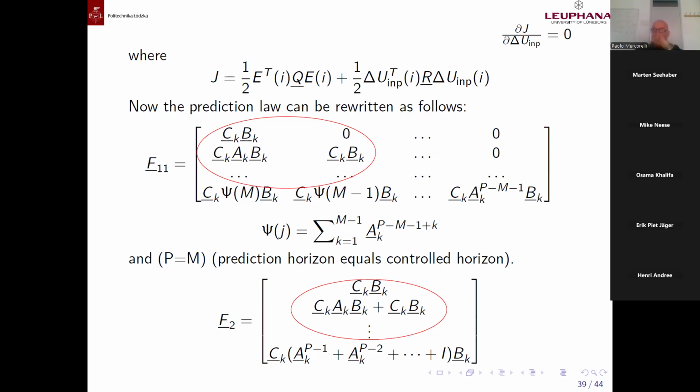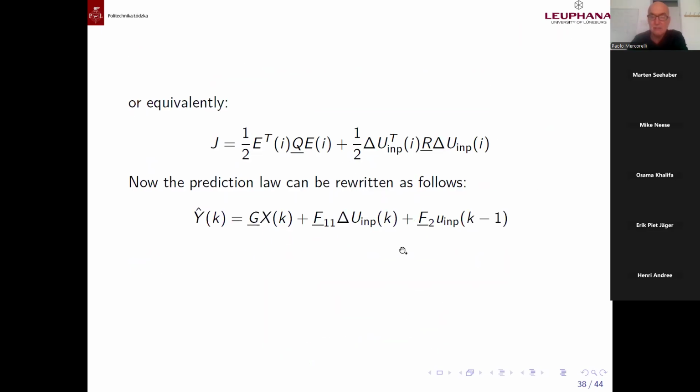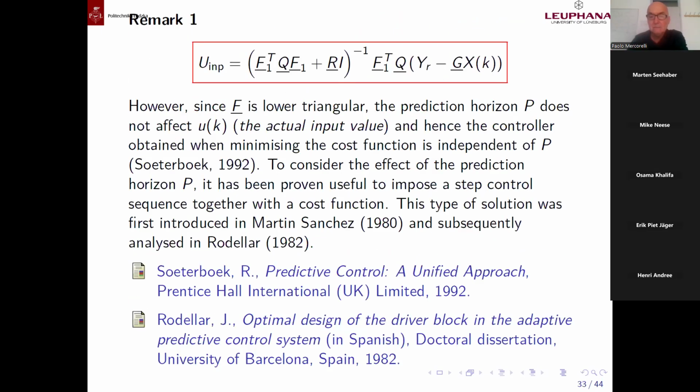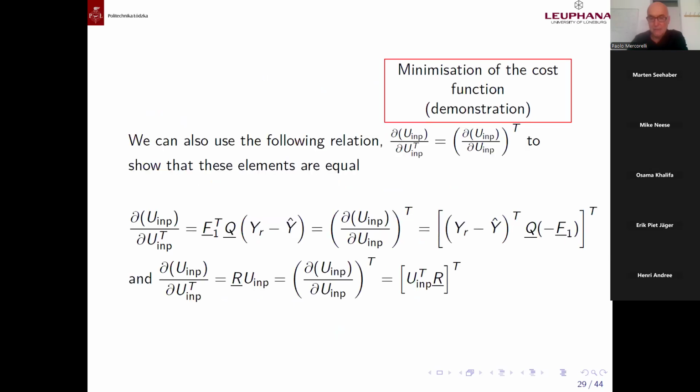If we redo all the calculations, we can build the F11 matrix, which is not so far away from what we have. Let me show you.